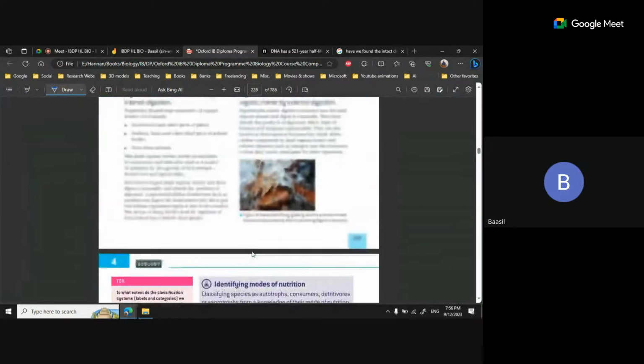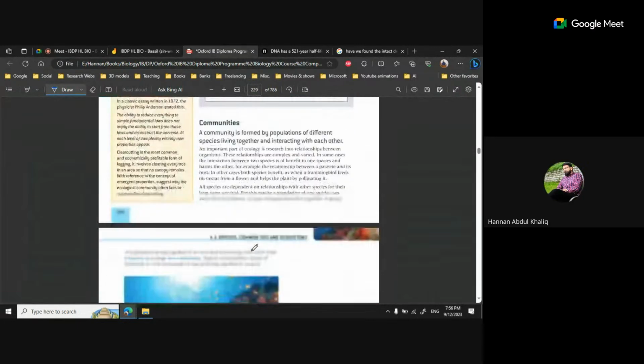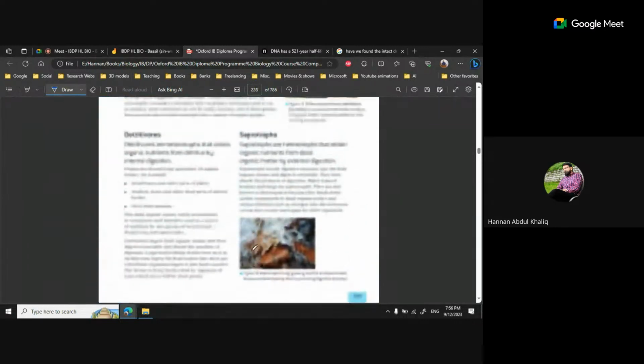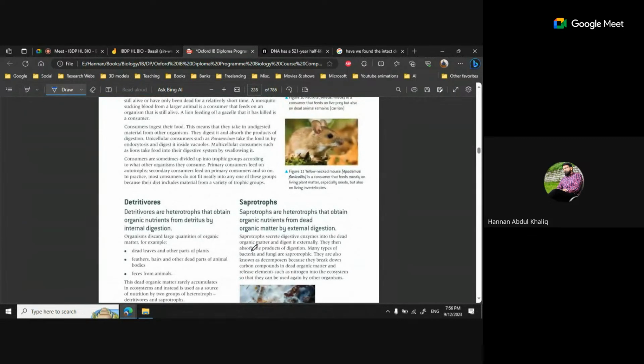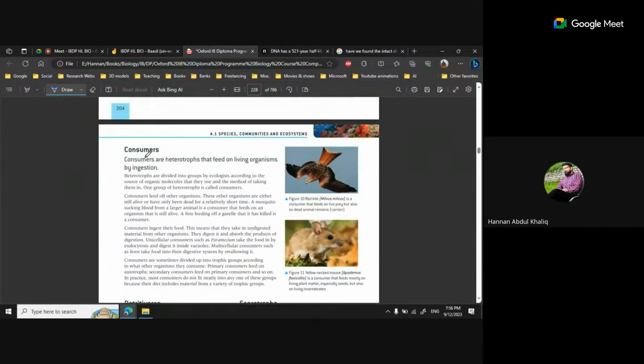Now, heterotrophs have many types. Obviously, we know that autotrophs are only plants and planktons, but heterotrophs are of many types. Heterotrophs are, first of all, consumers. They just eat the food. They don't care about the environment, they just eat the food.